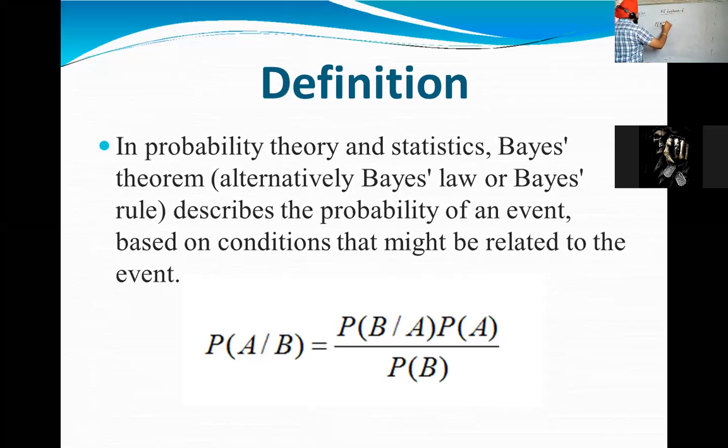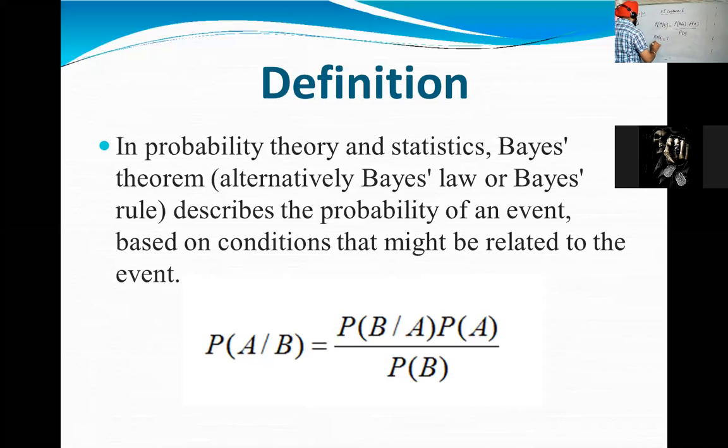P(A|B) means what is the probability of A if B had already occurred. It is given with the formula P(B|A), that is the inverse of that, into P(A), over P(B). So individually you have to write what is P(A|B). This is what we have to find: the probability of A to occur if B has already occurred.